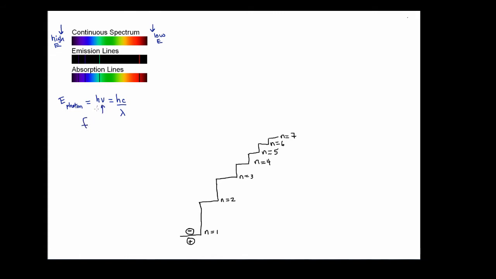The little v here is frequency. It's actually the symbol nu. And c is for speed of light, and this is speed of light in a vacuum. And the lambda here is your wavelength.